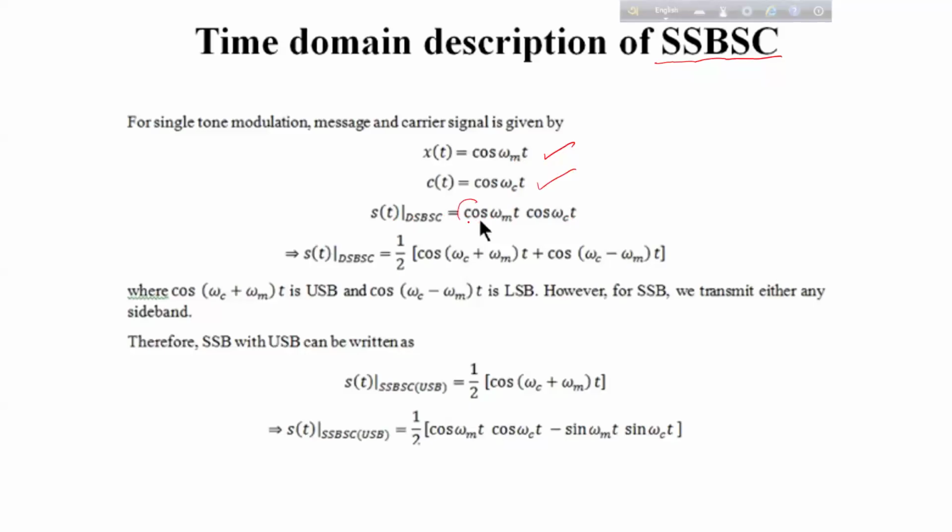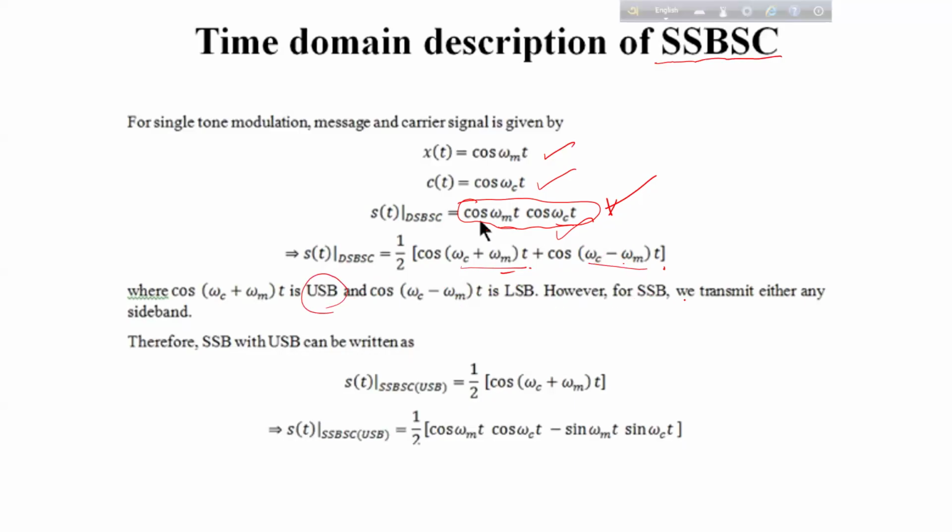Applying the algebraic formula and simplifying, we can write half into cos omega c plus omega m t plus cos omega c minus omega m t. We know that omega c plus omega m is the upper sideband and omega c minus omega m is the lower sideband.